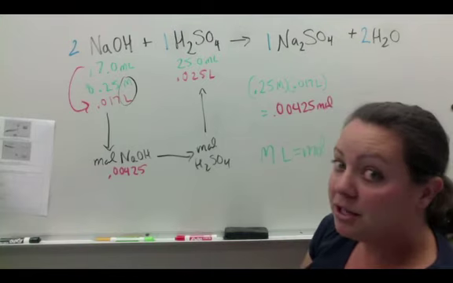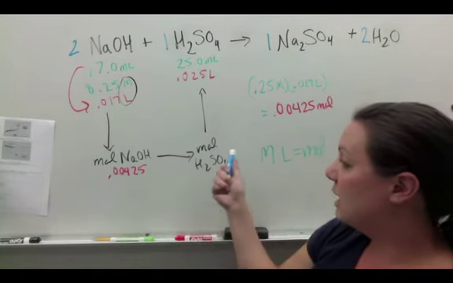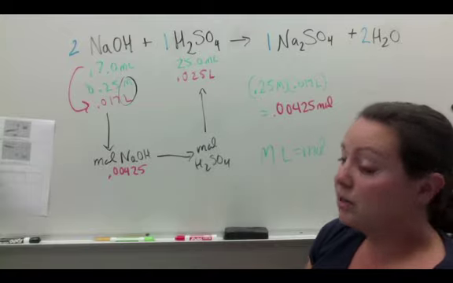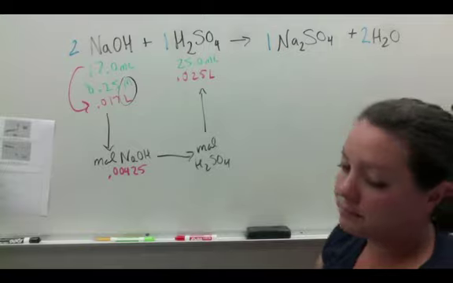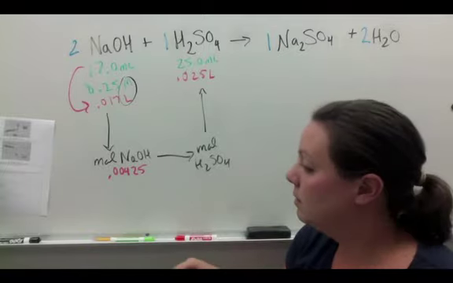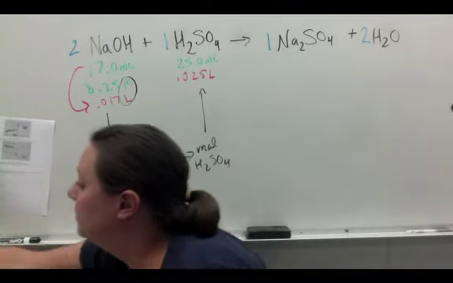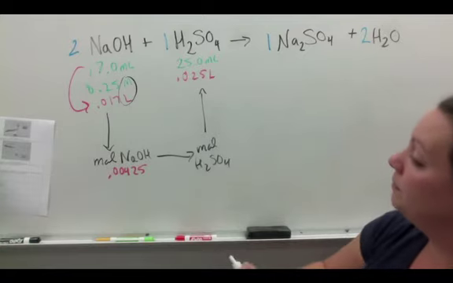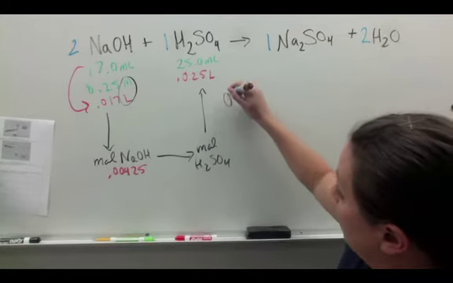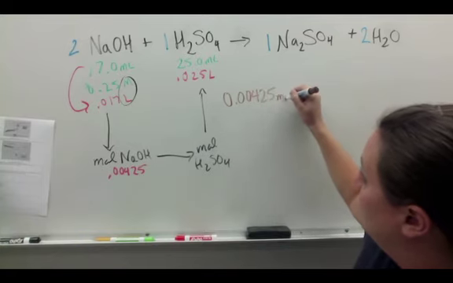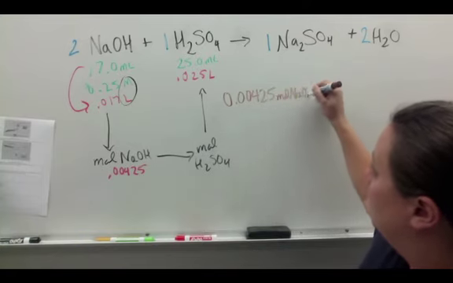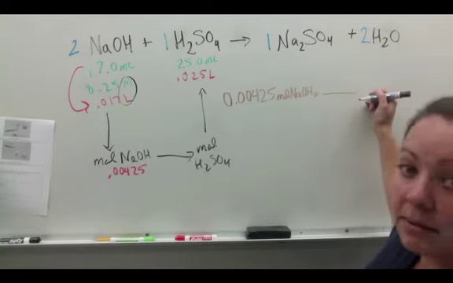In order to move from moles of NaOH, I need to multiply by my mole ratio in order to get moles of H2SO4. So if I have my 0.00425 moles of NaOH times, I'm going to use my mole ratio.